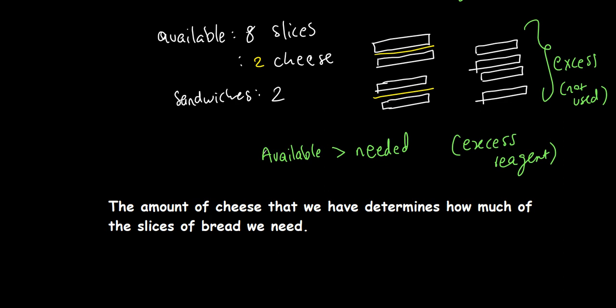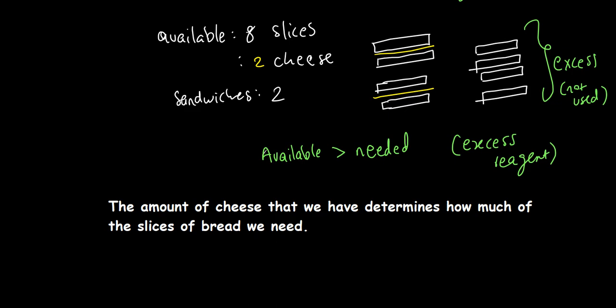So this means that the cheese is the limiting reagent. In other words, the cheese runs out first before the slices run out. You understand?